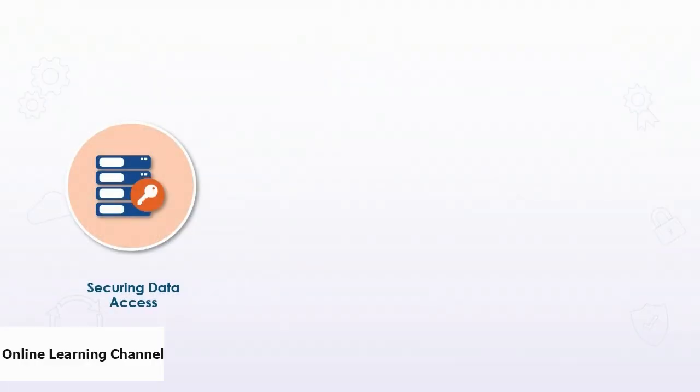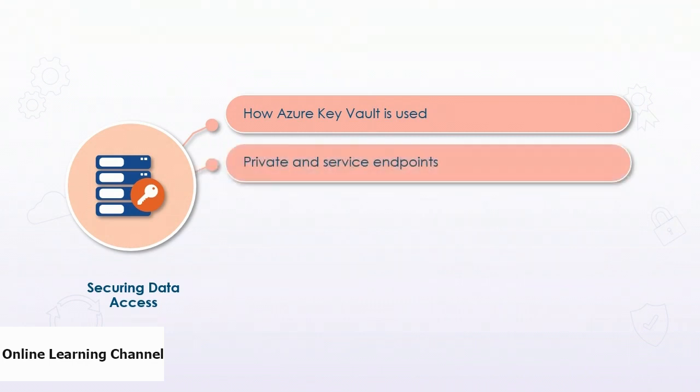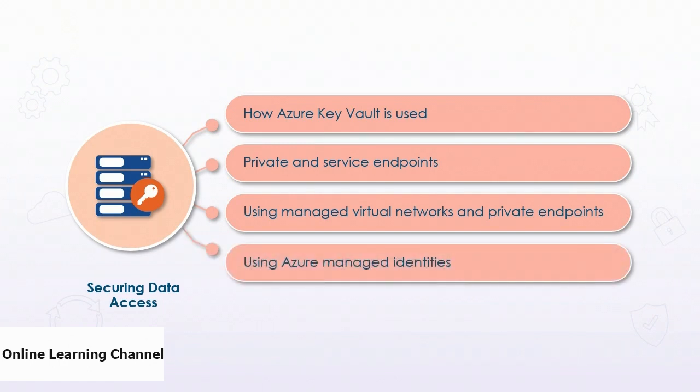So in this course, we've discussed how to secure your data access. We did this by talking about how Azure Key Vault is used. We discussed private and service endpoints. And we talked about and implemented using managed virtual networks and private endpoints. We also discussed how to use Azure Managed Identities.